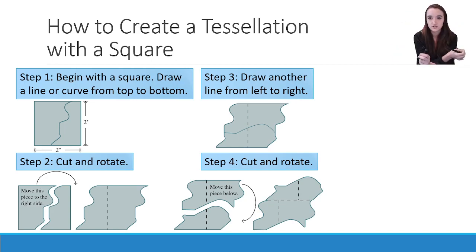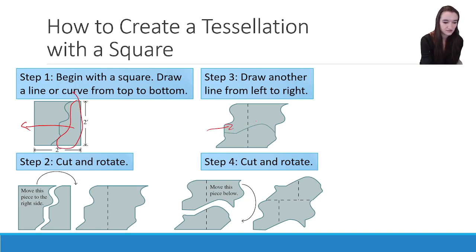Sort of shift this cut piece right here over to make this. Then repeat by cutting down the middle again and shifting that to make this new piece.